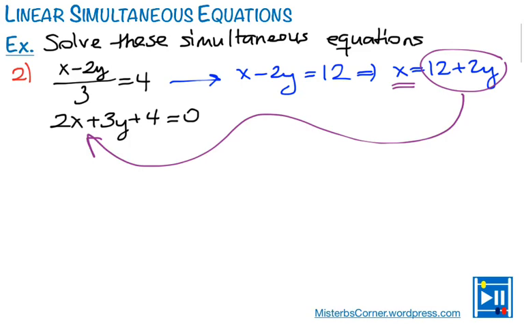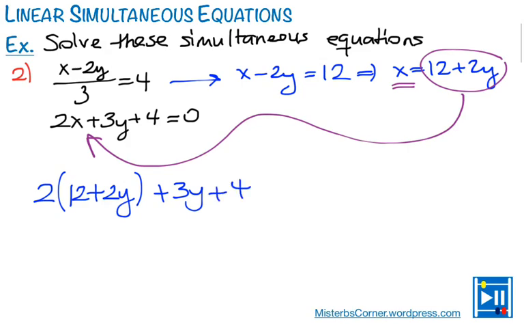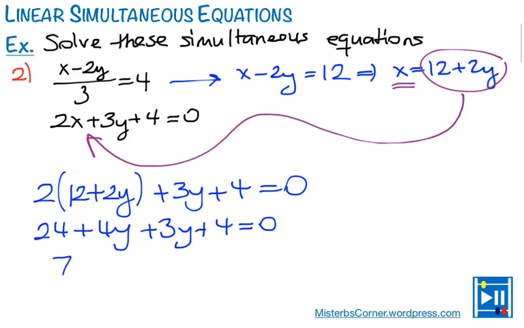So it will go like 2 times (12 plus 2y) plus 3y plus 4 equals 0. So basically I'm now solving a linear equation for y. Let me expand the brackets. 24 plus 4y plus 3y plus 4 equals 0. So basically that's going to be 7y plus 28, which is 0.